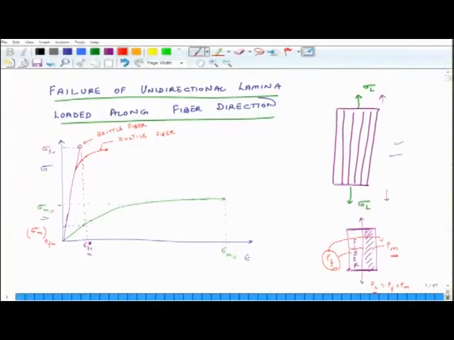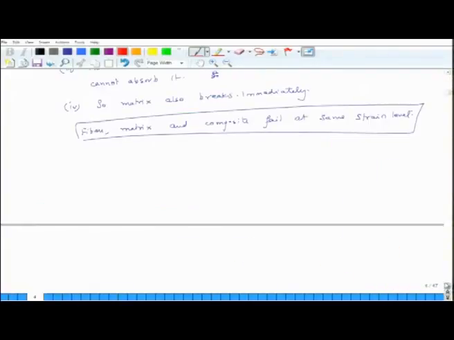So, it corresponds to this point on the green curve. At the strain level of epsilon Fu, in the fiber the stress is sigma Fu, and in the matrix the stress is sigma m at this strain level, which is epsilon Fu. Understood?